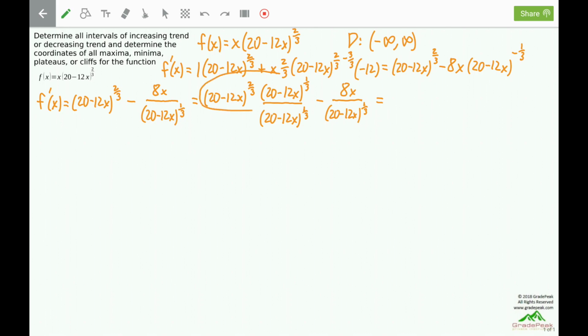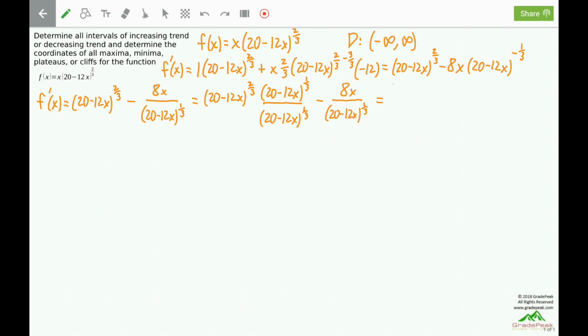For the first term, we can multiply the numerators, (20 minus 12x) to the 2/3 times the same base to the 1/3. We can add the exponents because of matching bases. 2/3 plus 1/3 is 3/3, or first power.